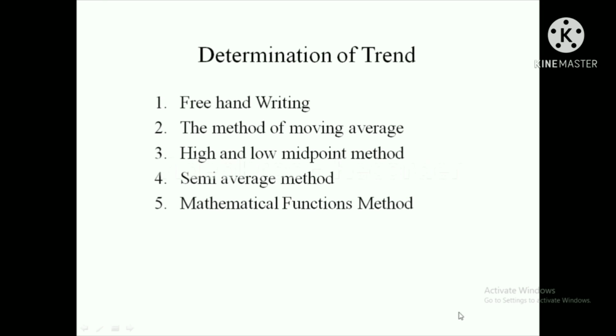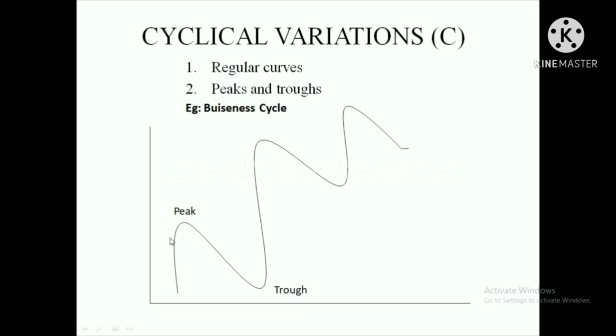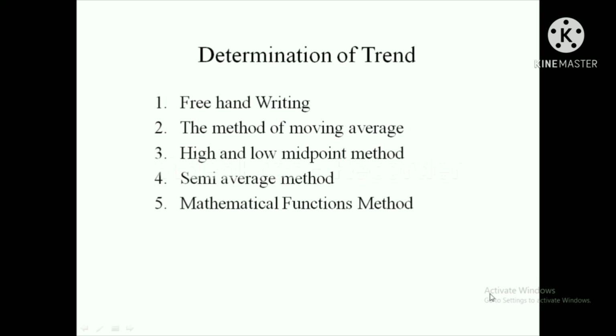Trend means these movements, okay, variations. So how do we measure? We can measure by using different techniques or methods, like the freehand writing, where we'll be using a freehand draw of the curve. And another method is the method of moving average.